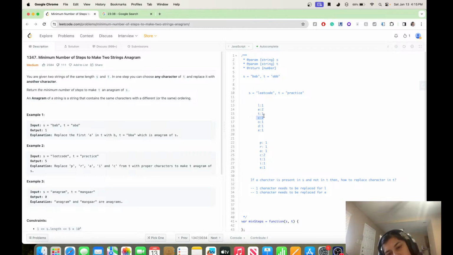So since there is 1 C and there are 2 C's here, what should I do here? There is 1 C and 2 C's here, so it means that there is 1 extra.